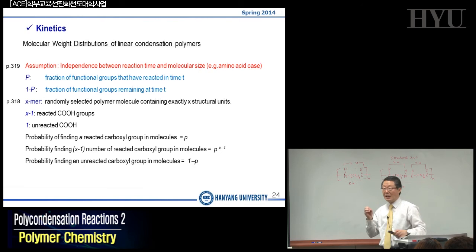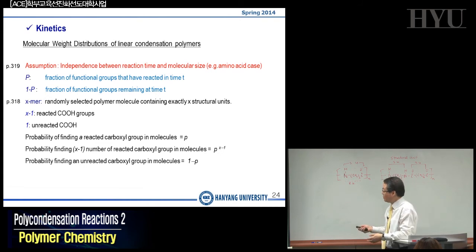If you have X minus 1 reacted carboxylic acid groups, the probability of finding those X minus 1 reacted groups, you have to multiply P, X minus 1 times, meaning that you have P to the X minus 1.